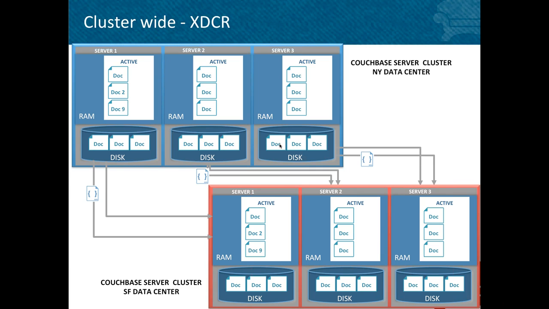As writes are made, they're automatically sent off of the disk of one cluster into the RAM of the other, and persisted down to disk on that side. Throughout this whole process, both of these clusters can be rebalanced, added to, or shrunken. Failures can happen on either side, and there's no disruption to the replication.